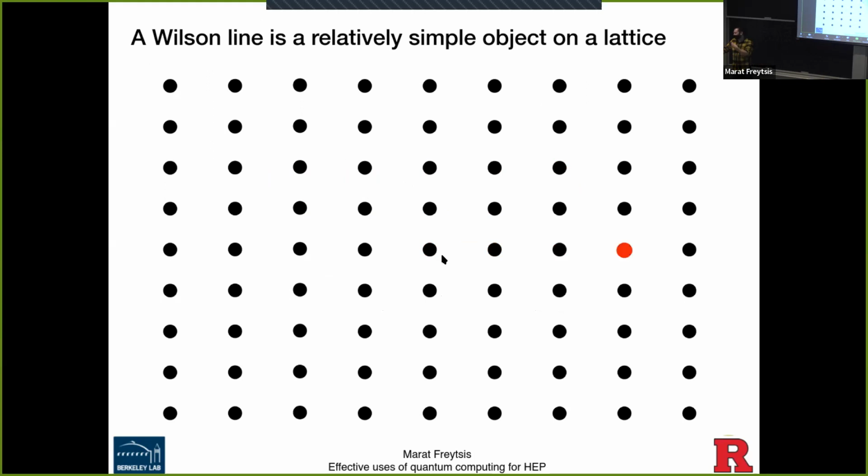Then the next one, the next one, the next one, and the exact same thing with the other Wilson line going off in the other direction. So together, what I have is, at different times, implementing particular field operators at particular sites. It really is the dynamical picture of having this Wilson line spreading out in time.